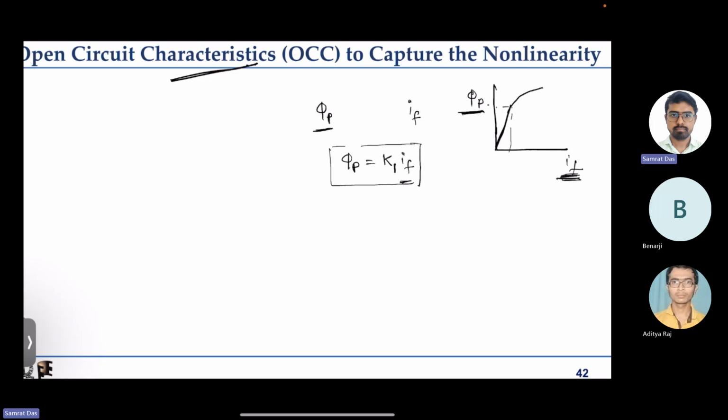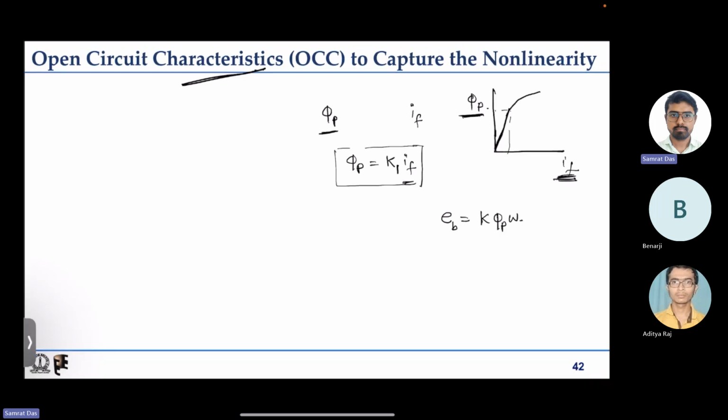Now, if we want to do experiments and get flux per pole, getting flux per pole is not that simple. But what is the quantity that is directly related to flux per pole? It is the induced EMF. So a back EMF or induced EMF is a scaled version of flux per pole and speed. So if we run the machine at a constant speed, so in open circuit characteristics, what do we do?